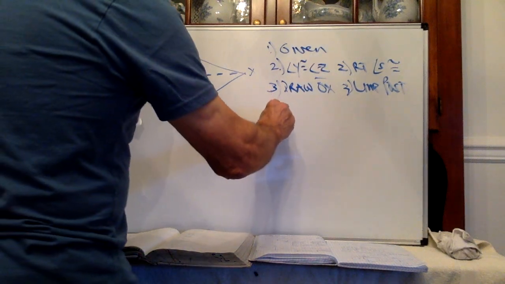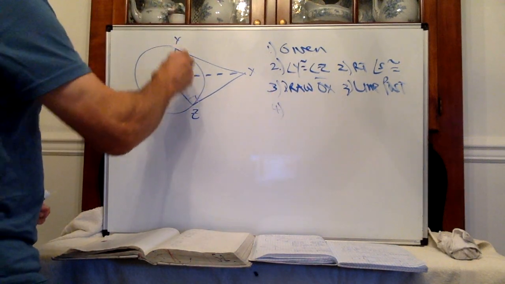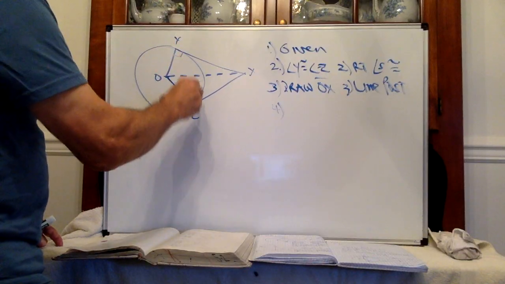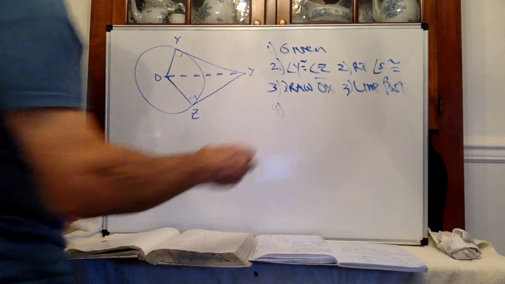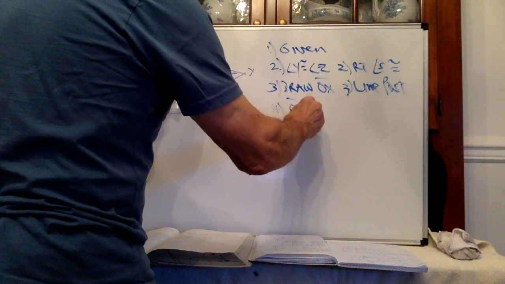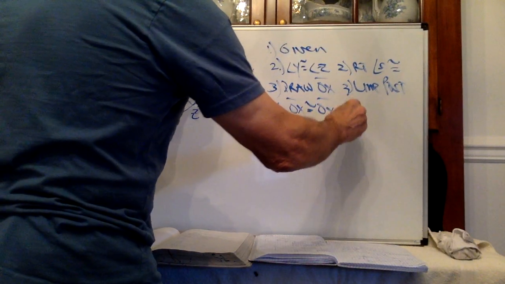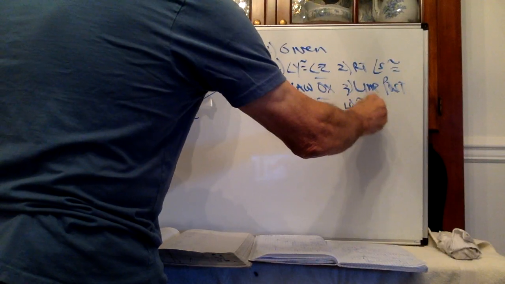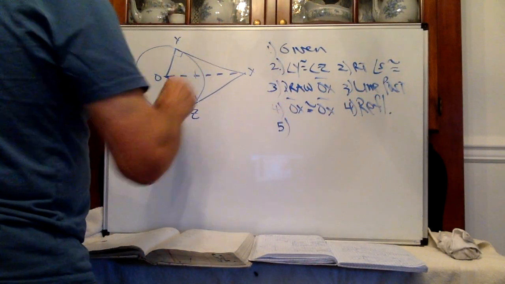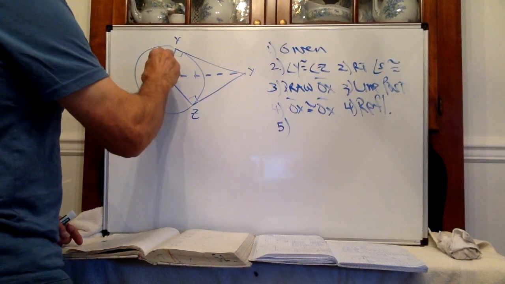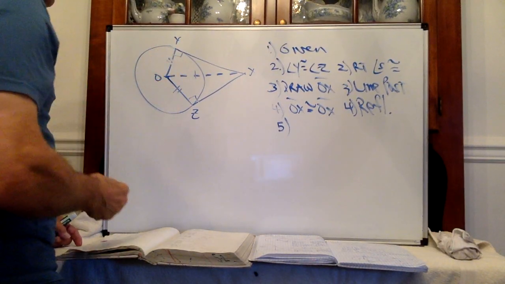All right, now look what we got. I've got 2 right triangles. OX is the hypotenuse of both. It's congruent to itself, by reflexive or identity. And hopefully you recognize OY is congruent to OZ.